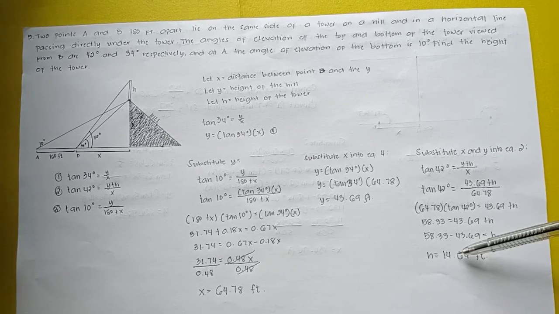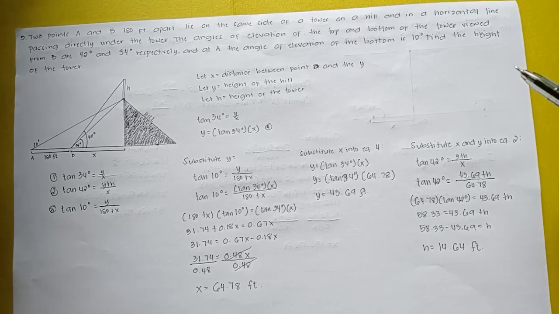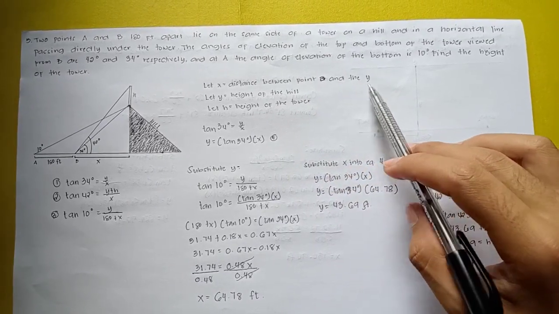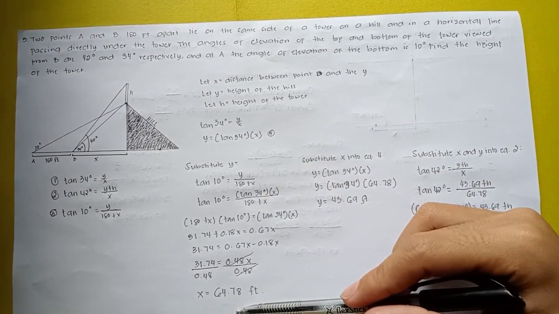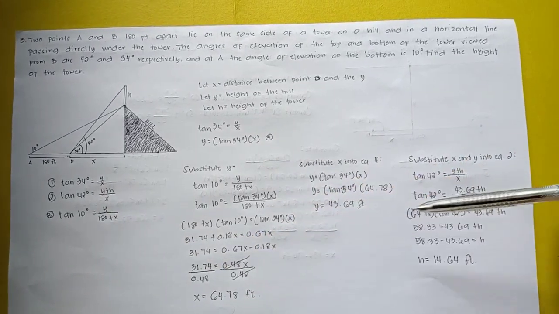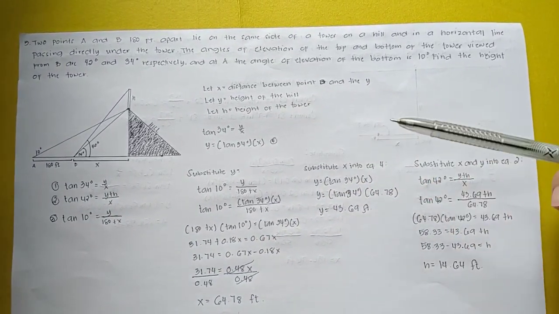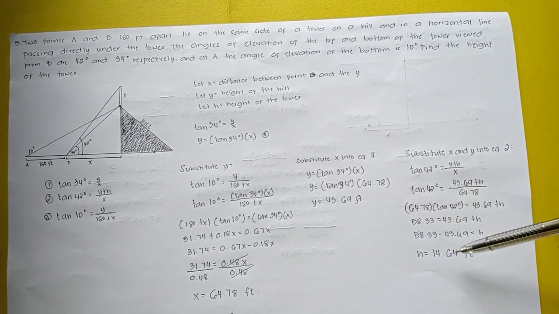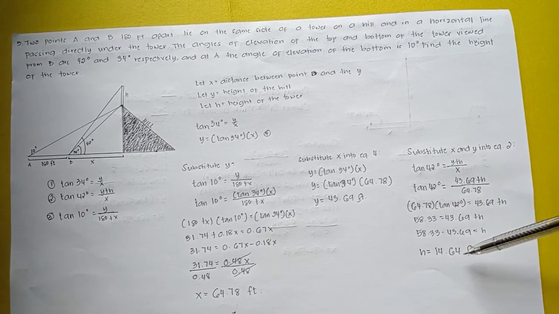H equals 14.64 feet. So the distance between point B and the hill is 64.78 feet, the height of the hill is 43.69 feet, and the height of the tower is 14.64 feet.